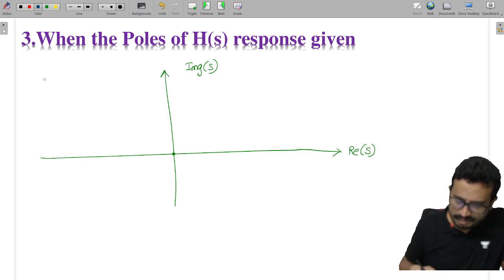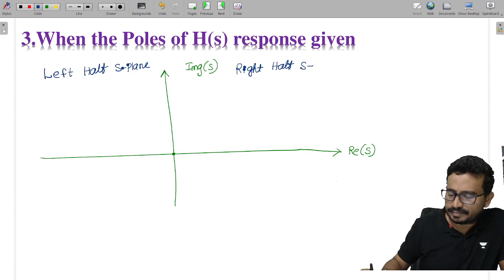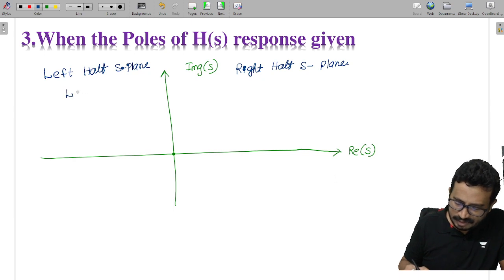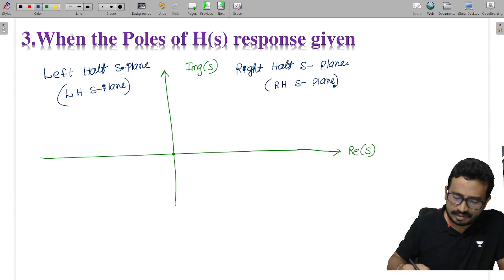This is called the left of S plane, the LH plane, and this is called the right of S plane, the RH plane.